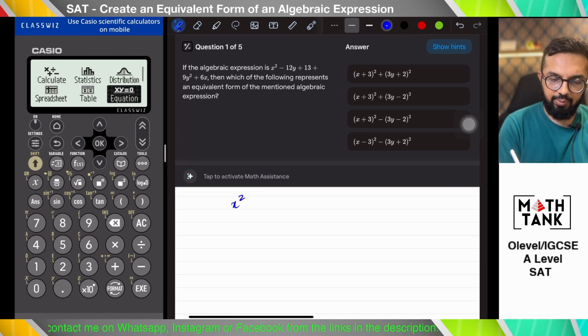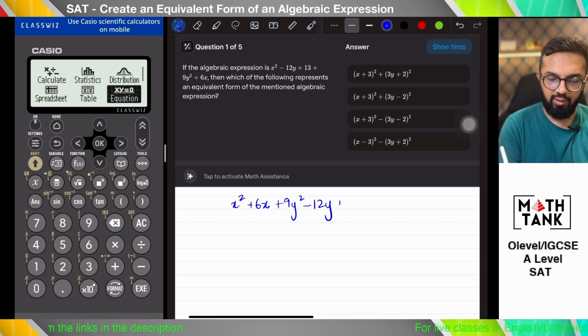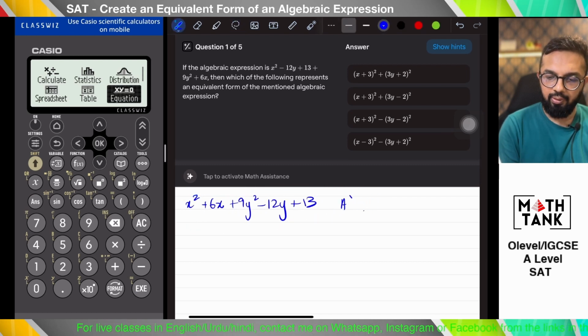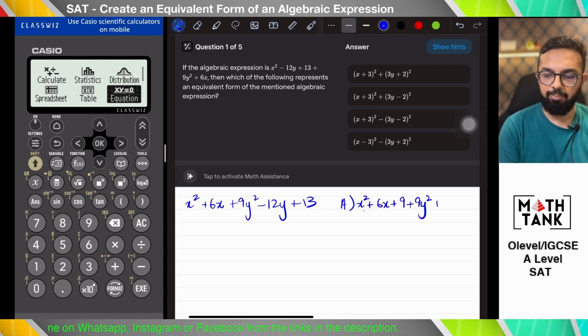So I have x squared and plus 6x and then I have 9y squared and minus 12y. I've rearranged a little. Let's look at the first answer option that we have, A. So x squared plus 6x plus 9 plus 9y squared plus 12y.